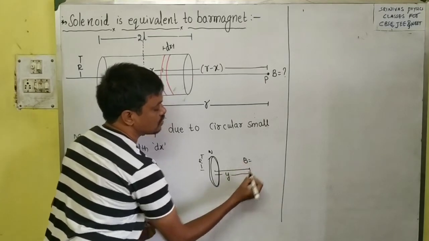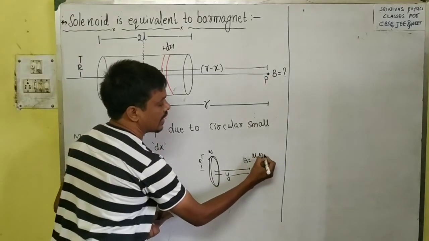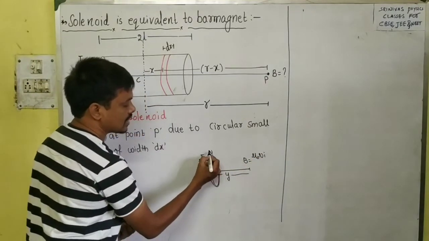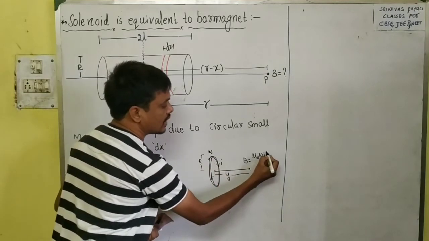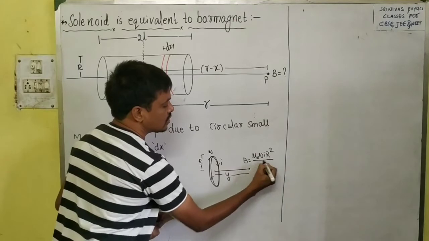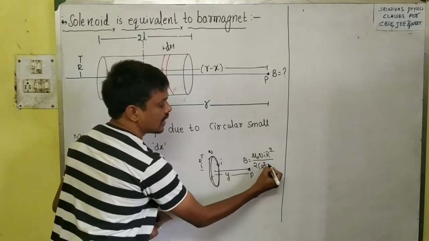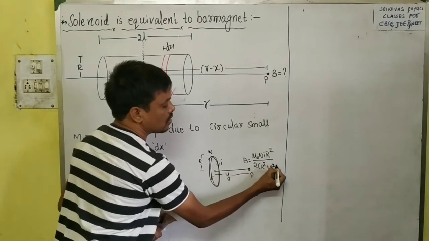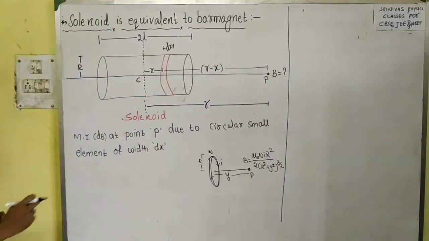What is the formula? mu naught n I R square by 2 of (R square plus y square) whole power 3 by 2, where n is the number of turns, I is the current, and y is the distance where you want to find the magnetic induction. That formula we have to apply here.